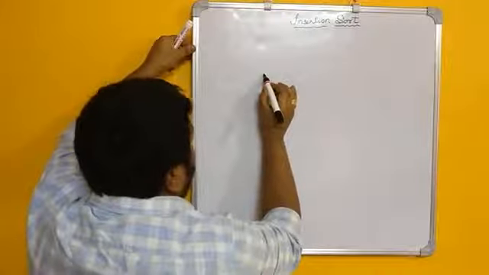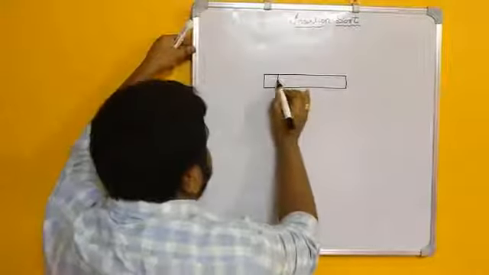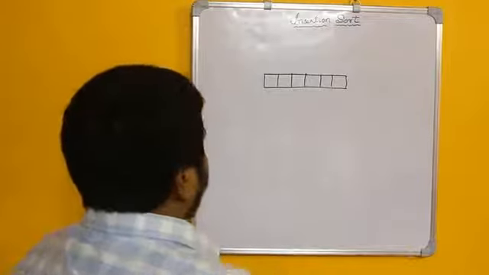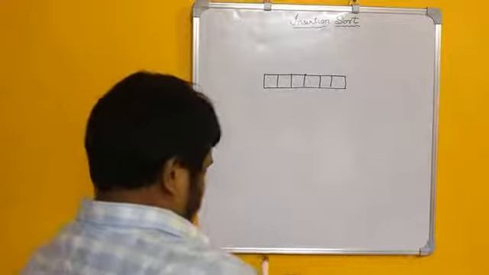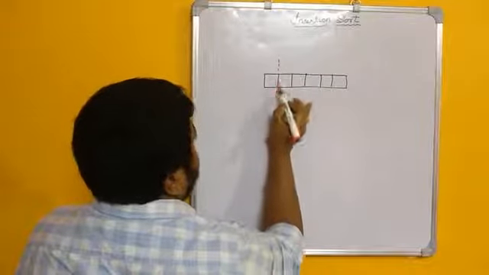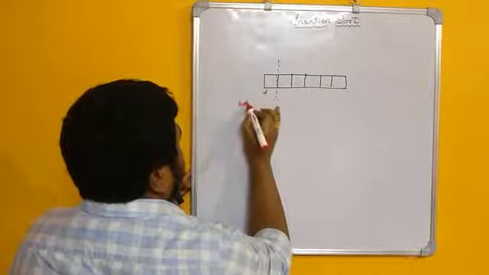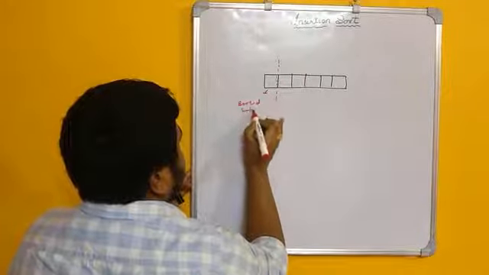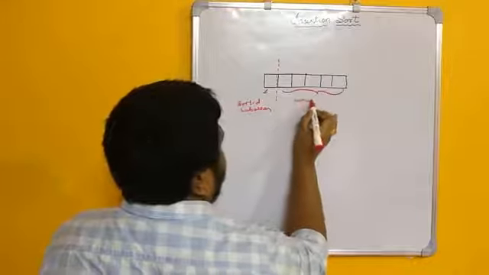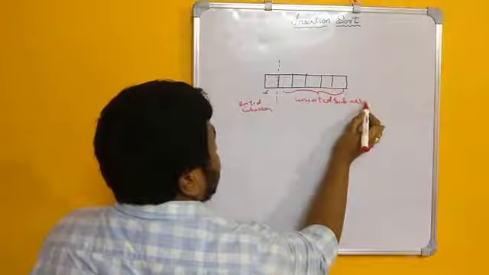First of all, we will have one array. See, this is the array. First, what we will do here, we will divide this array: this as the sorted subarray and the rest of the elements as the unsorted subarray.